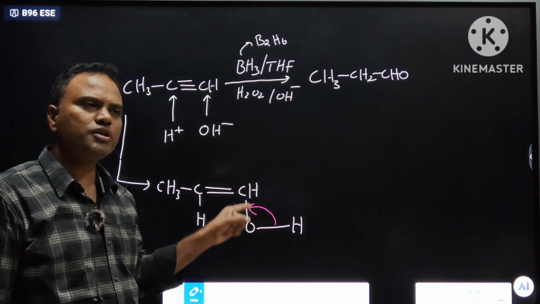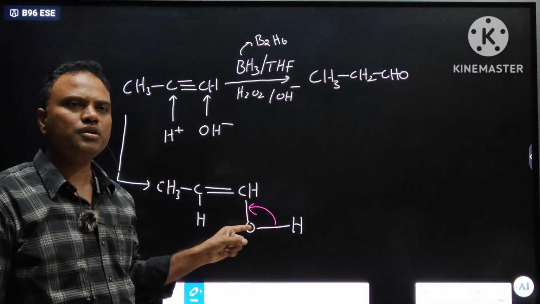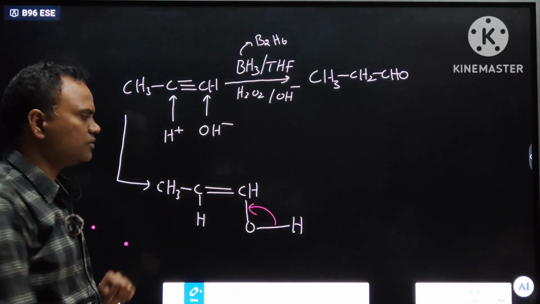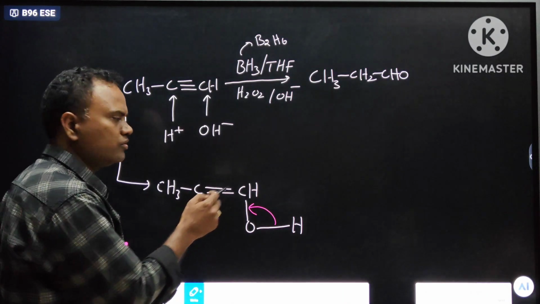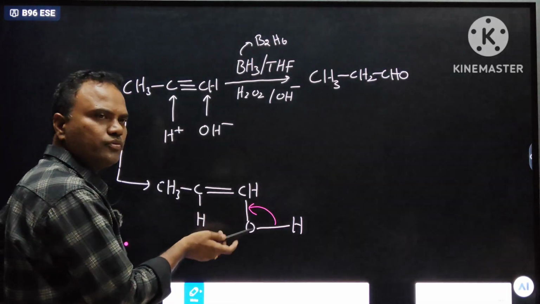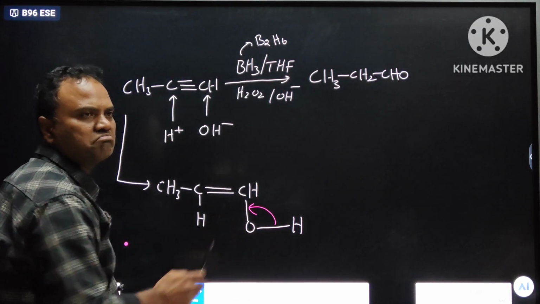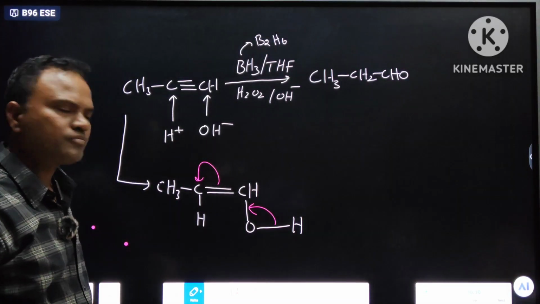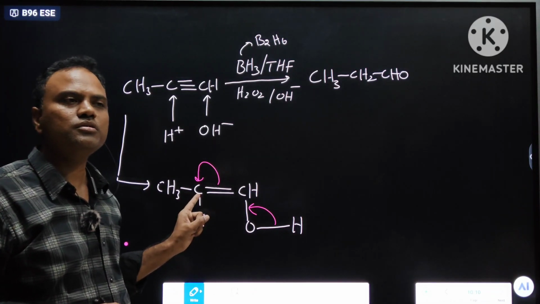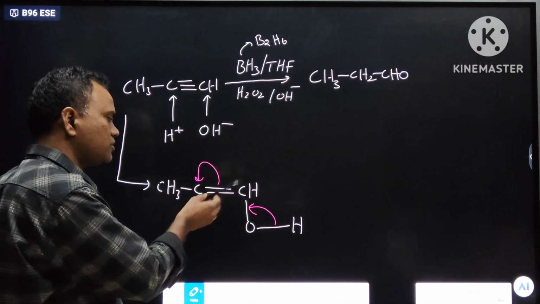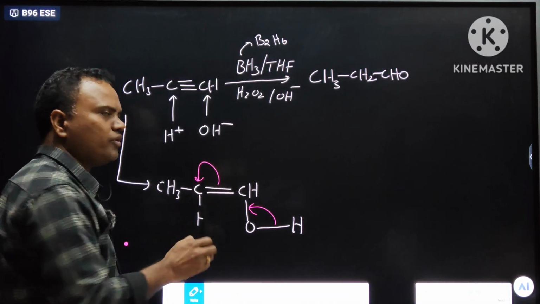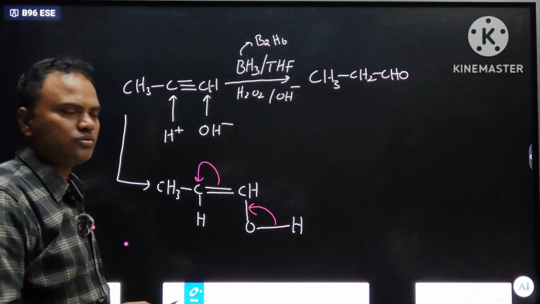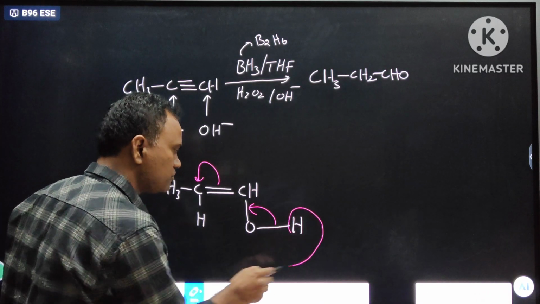Here a new bond is formed, but around carbon only 4 bonds are present: 1, 2 hydrogen, 3, this bond 4, and a new bond is coming, 5, not possible. So immediately this pi bond will shift towards this, and this carbon will get which charge? If one atom gets a bond, it will get a negative charge. And hydrogen goes towards that.